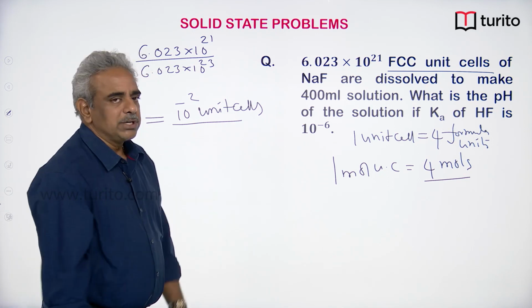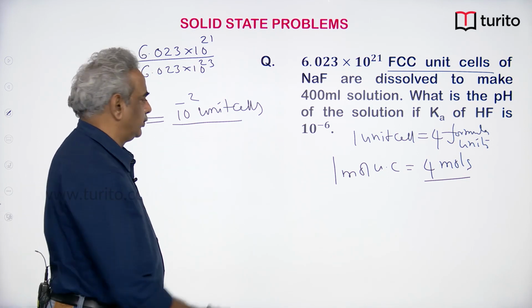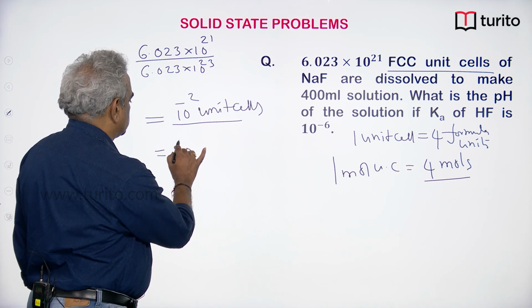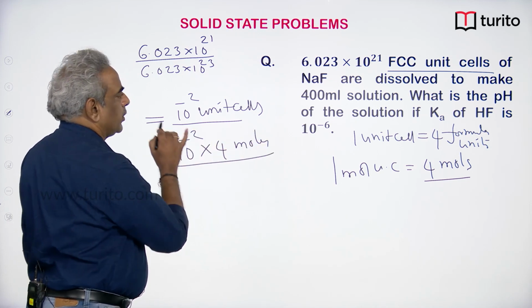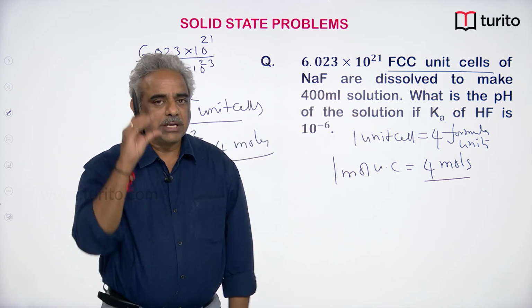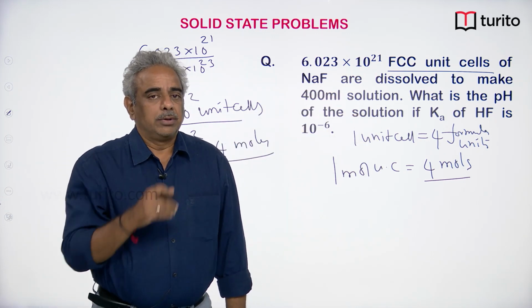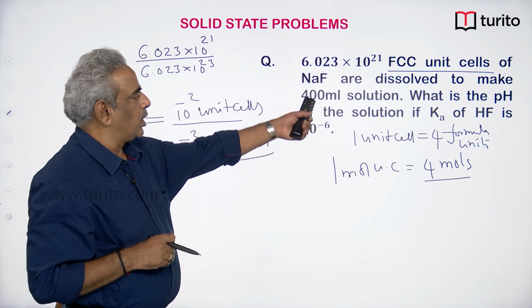How many moles of unit cells do you have? 10 power minus 2. So, 10 power minus 2 into 4 moles of sodium fluoride is present. Now, that much sodium fluoride is dissolved in 400 ml.